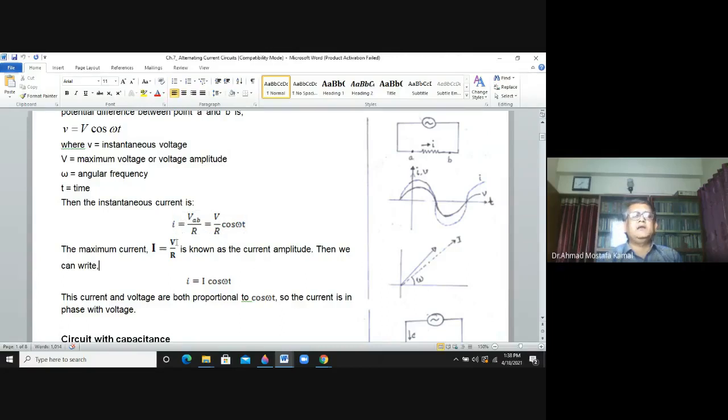So I equal to V by R is known as the current amplitude, maximum value of current. Therefore you can write that small I equal to capital I cos omega t. আসলে এটার মানে দাঁড়ায় in R circuit, if V is a function of cos function, then I is also a cos function, okay?